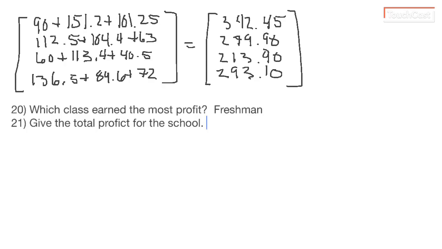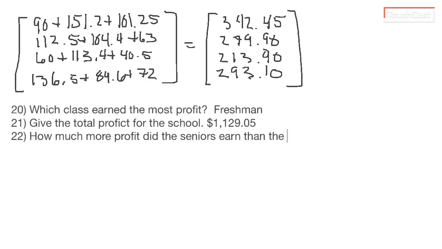So if we add up everything we got in our answer to example 19, we'll see that the total profit the school made was $1,129.05.